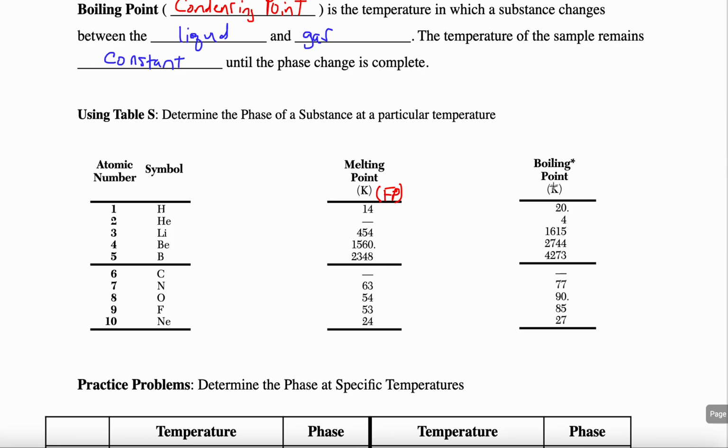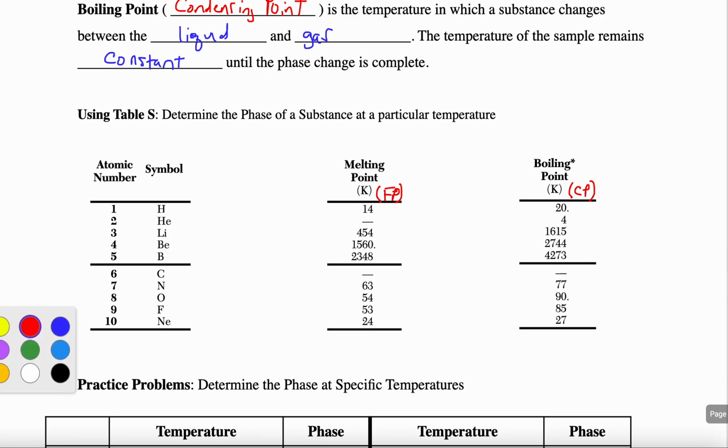The same thing is true if you know the boiling point of an element listed on Table S, then you also know its condensing point. So make the connection: boiling and condensing are the same temperature, melting and freezing occur at the same temperature.